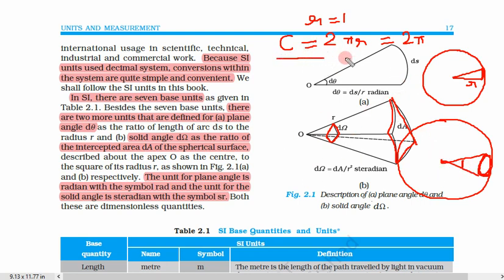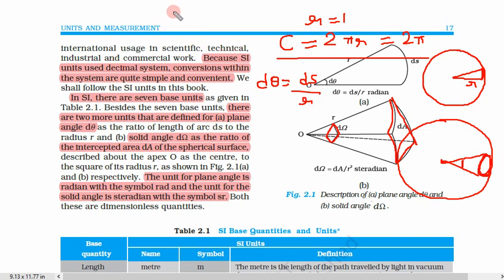Similarly, as we measured this, what do we have to do? The method used here was, let us write angle d theta is equal to this arc ds upon radius. How do we get this method?